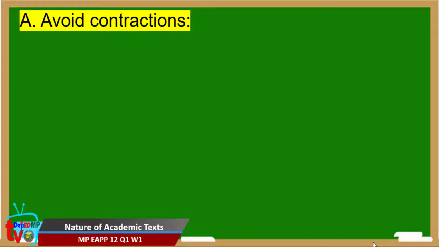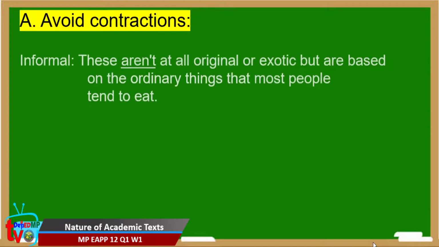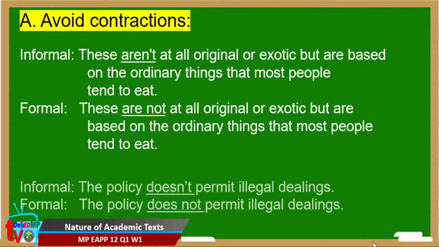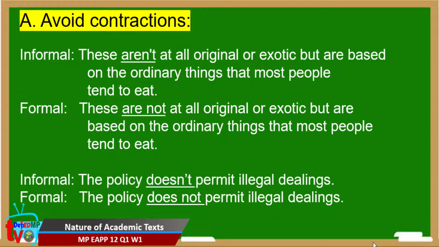Look at these sample sentences. The informal ones contain contractions or words that are combined into one word using an apostrophe to replace the missing letters. First example, informal sentence: These aren't at all original or exotic, but are based on the ordinary things that most people tend to eat.